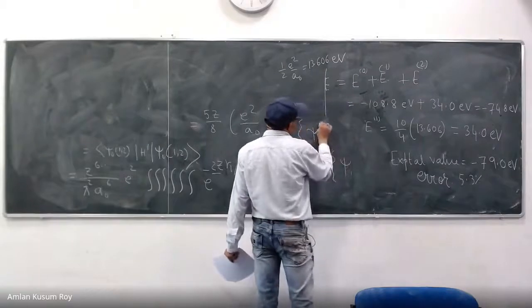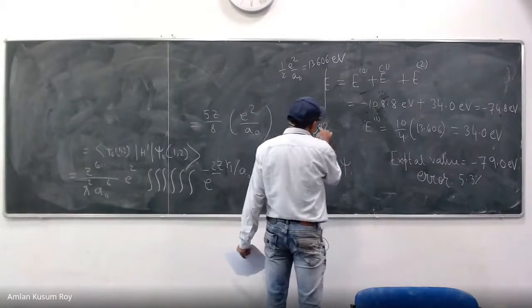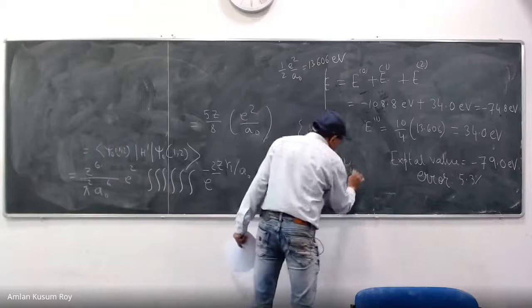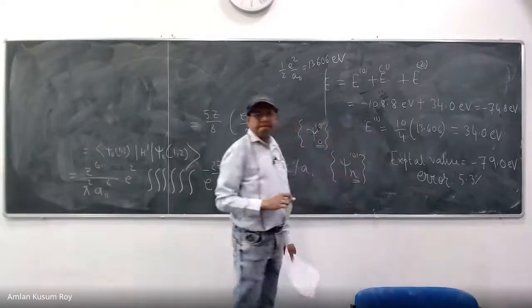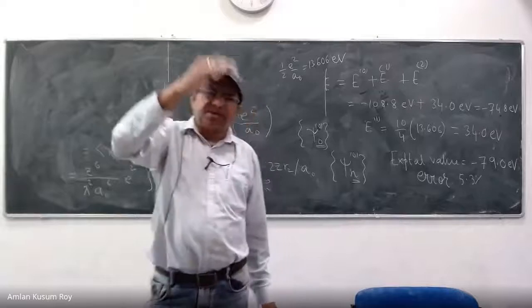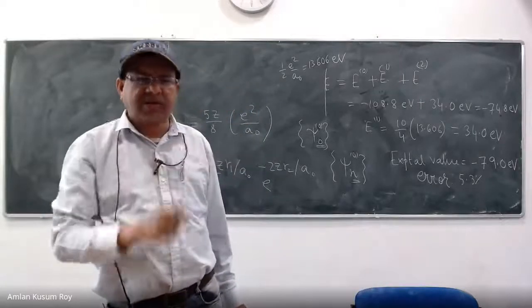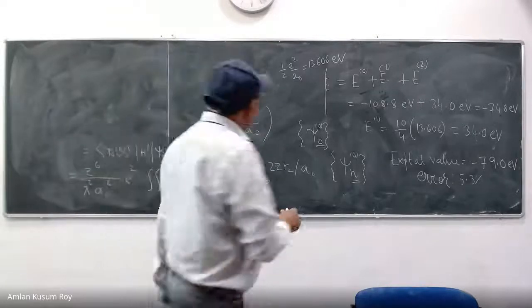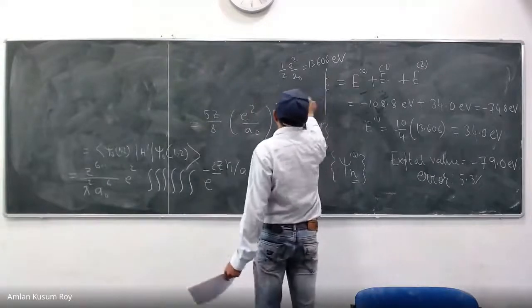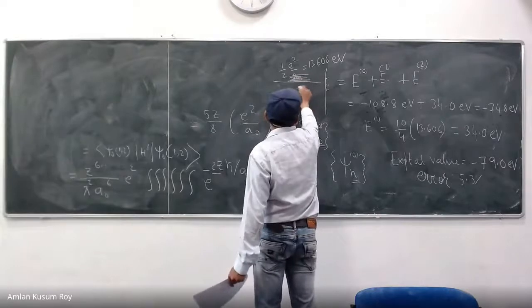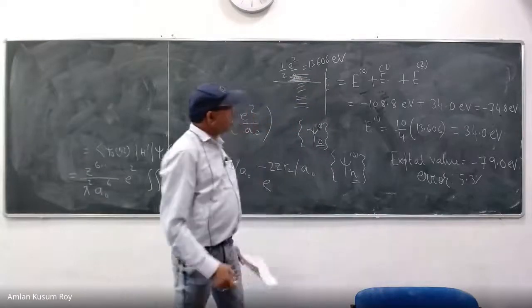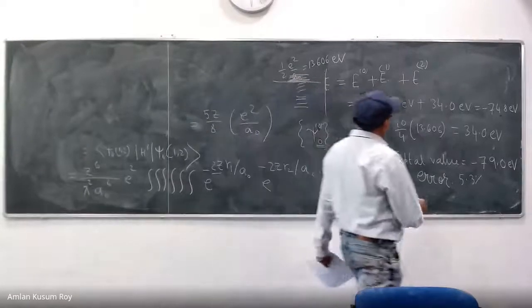You need all the knowledge of psi n, all the unperturbed states, not just one ground state. Samjhe? And not only bound states, but you also need to know the continuum states here. Right? So that is why, but it has been pursued very accurately.